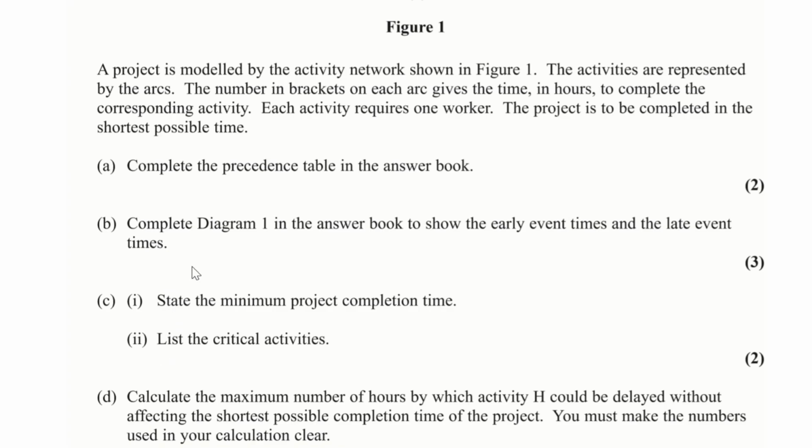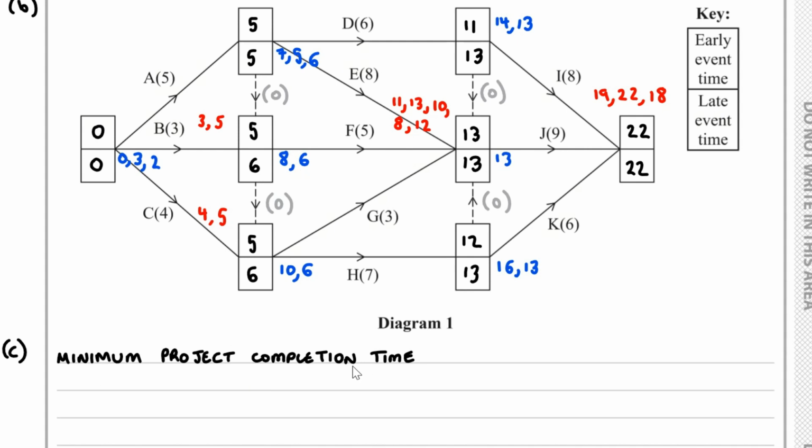For part C of the question, for the first part we have to state the minimum project completion time and then list the critical activities. The minimum project completion time, that will be 22 hours. And the critical activities, those are the activities with 0 float.